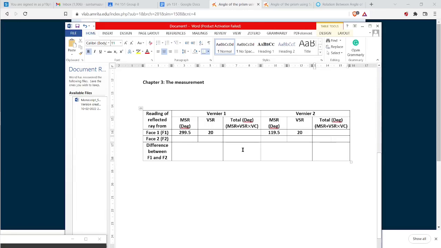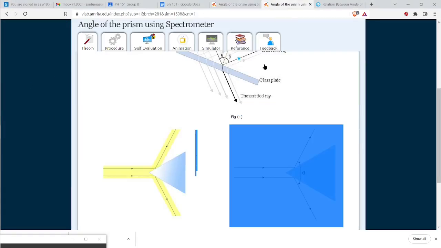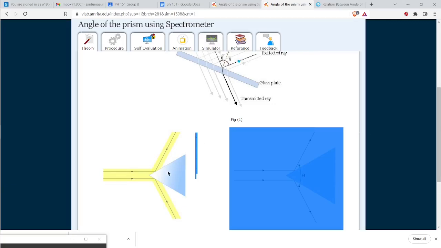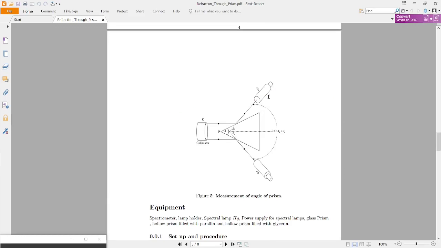To get the value, you have to just get the average. So you will get the F1 minus F2 average value, and that is nothing but 2 theta. If you go to the theory, this is my 2 theta value.